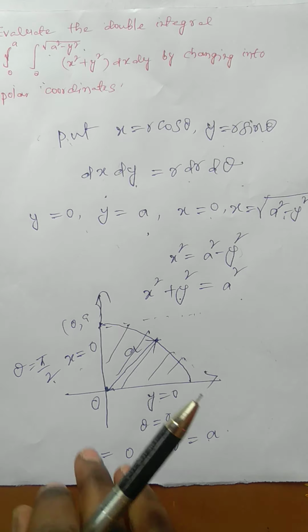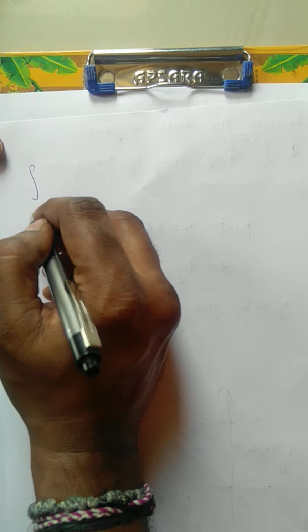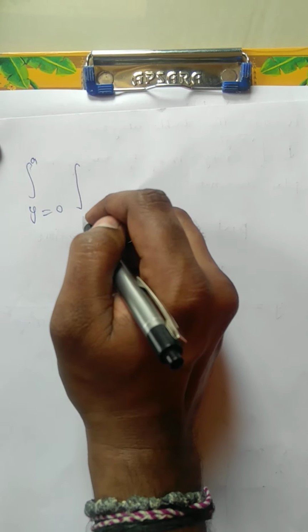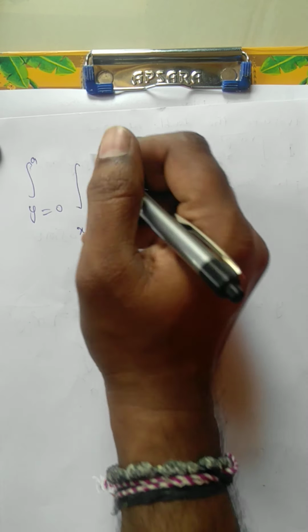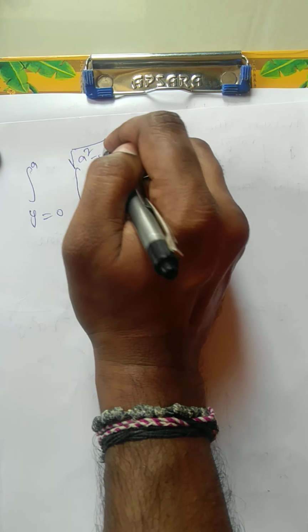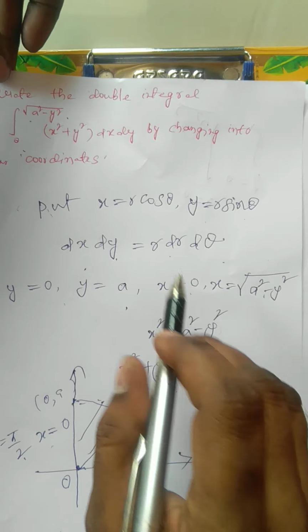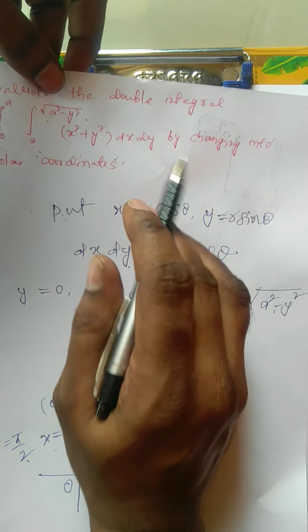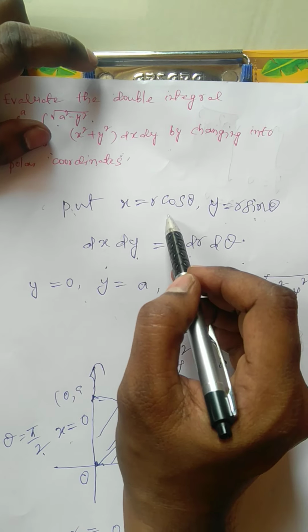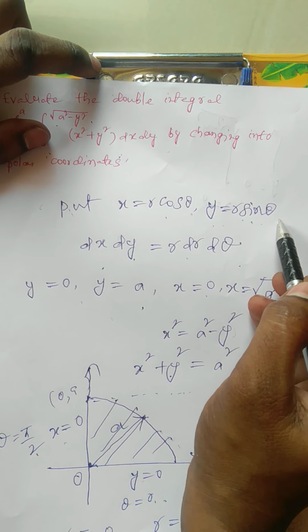Now first I am writing the given integral. What is the given integral? We have y equals 0 to a and x equals 0 to square root of a square minus y square, x square plus y square dx dy. Since x equals r cos theta and y equals r sin theta, x square equals r square cos square theta and y square equals r square sin square theta.